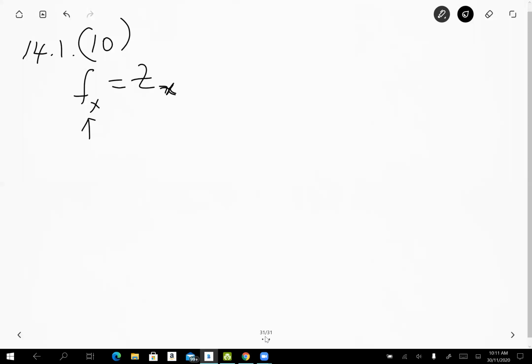Okay, now what is the derivative of the function with respect to x? Now tell me, what is the first term? X cubed. Take derivative with respect to x, what do we get? We get 3x squared.